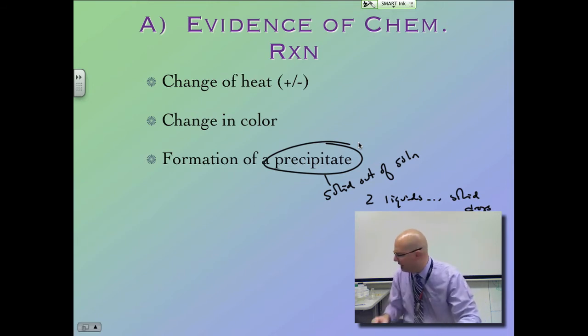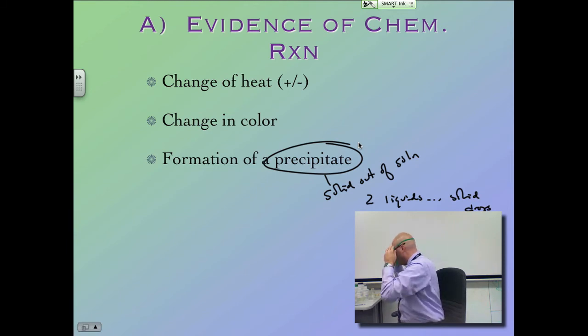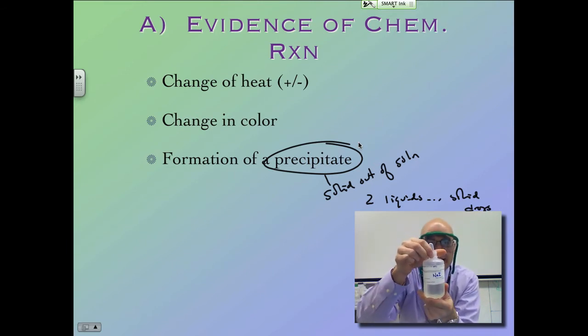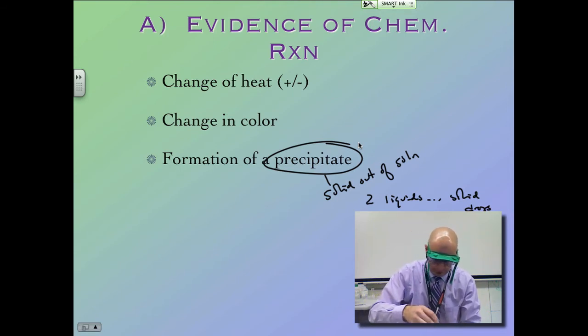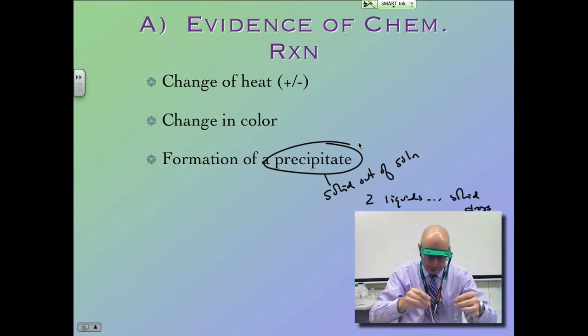Let me take a look at an example of this. Again, goggles on. Here I have sodium iodide. Sodium iodide is a clear liquid. I'm going to put a little bit of this clear liquid in this little test tube.